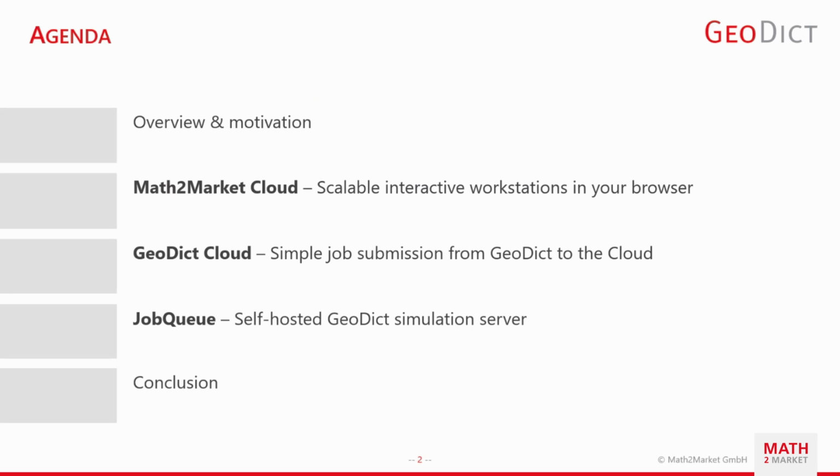Followed by the GeoDict Cloud, which is a batch operation system which allows you to submit computation jobs directly from GeoDict to be executed in the cloud. And last but not least, I'm going to demonstrate the JobQueue, which allows you to host a GeoDict simulation server on your own on-premises hardware, so your data never leaves your company network.